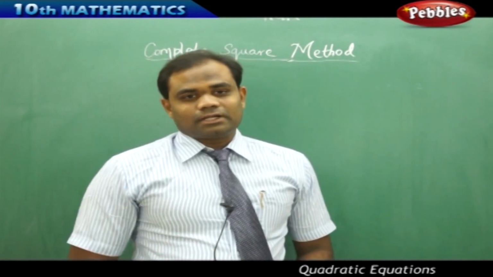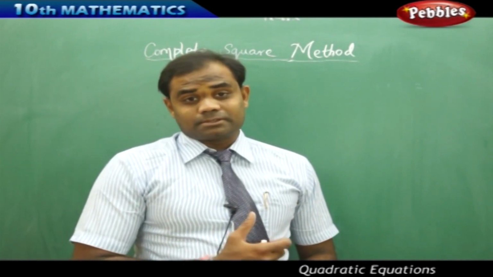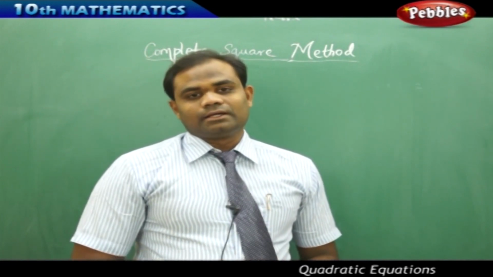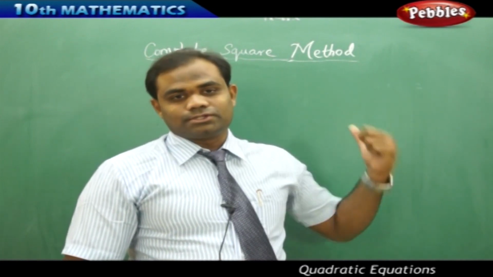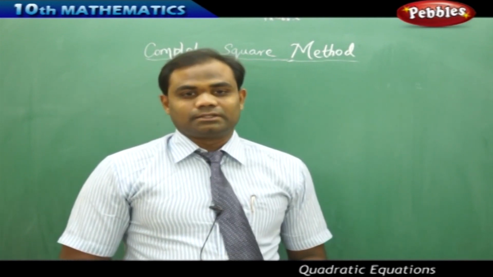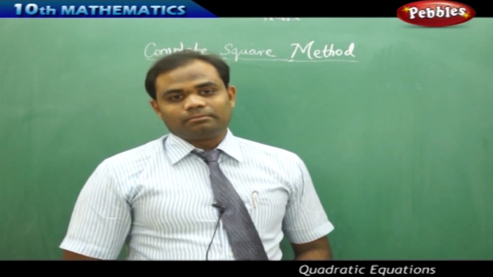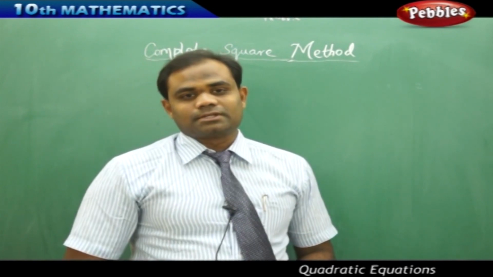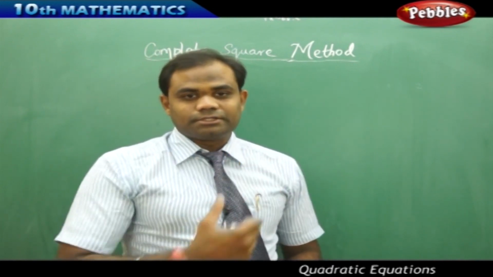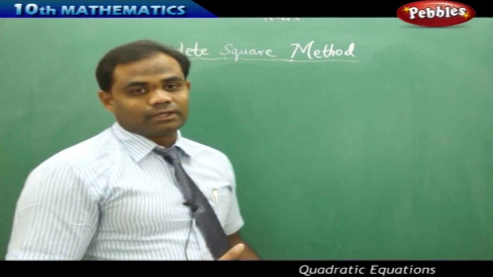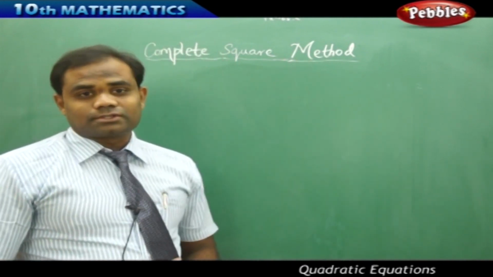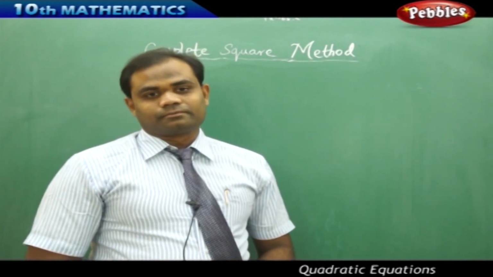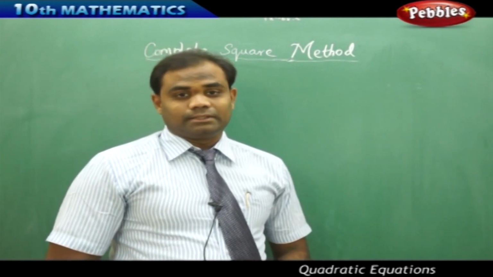Now before we start with the complete square method, there are many steps which we need to follow in finding the solutions using the complete square method. So let's take an example problem and examine each of the steps on how to proceed in finally finding the solutions of the given quadratic equation by the complete square method.